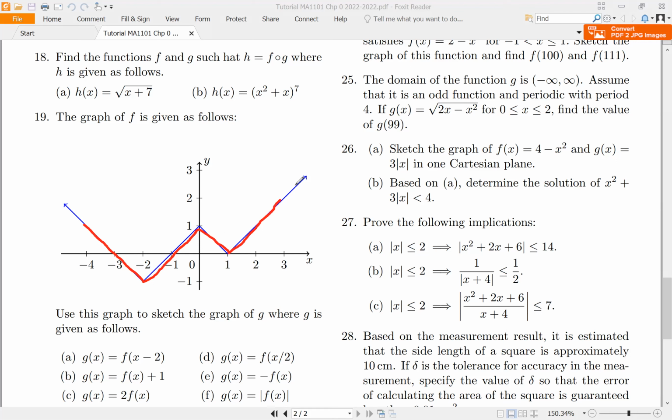Okay, so suppose that you erase this part. In this case, if the graph of f is given as follows, then what is the domain of f here?